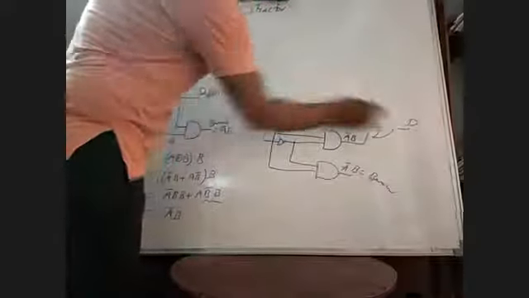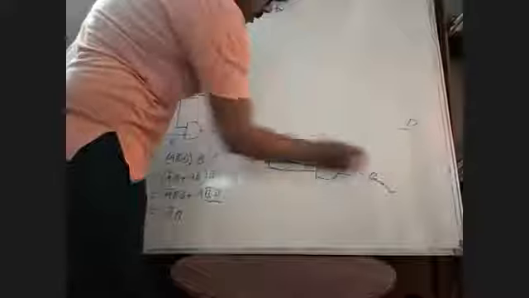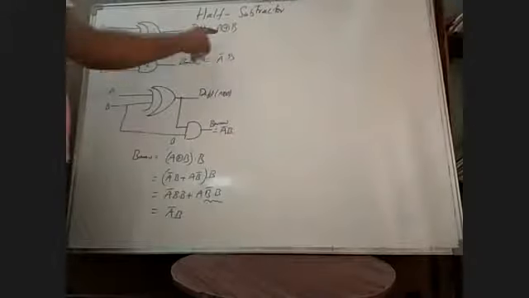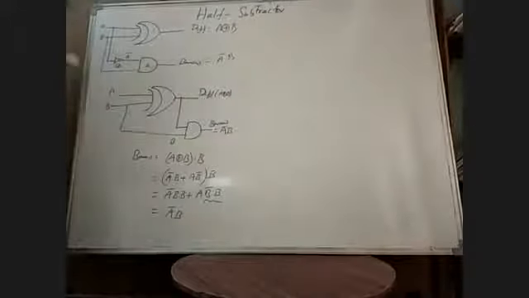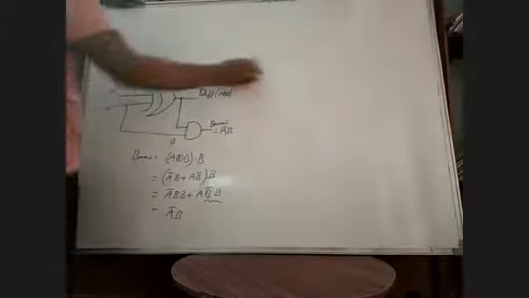Now we are going to draw the same half subtractor using NAND gates. That is, realize half subtractor using NAND gate. For the XOR gate using NAND gates, I am going to take the 4 NAND gates.